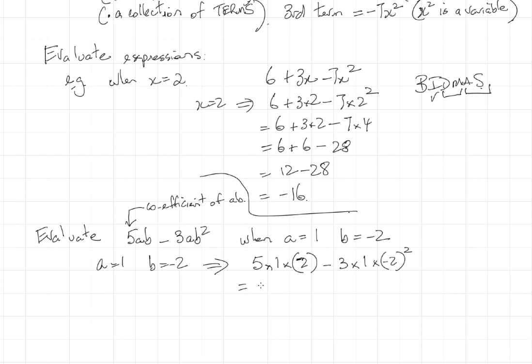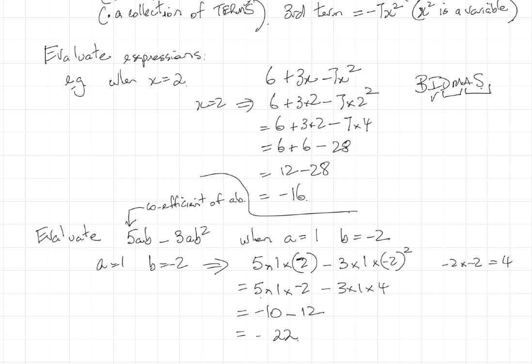All these brackets, we can just remove that one. Minus, now negative 2 squared is negative 2 times negative 2. Negative times a negative is a positive, so it's just 4. 3 times 1 times 4. And that's equal to 5 times 1 is 5 times negative 2 is negative 10. Minus 3 times 1 times 4 is 12. Negative 10 take 12 is negative 22.